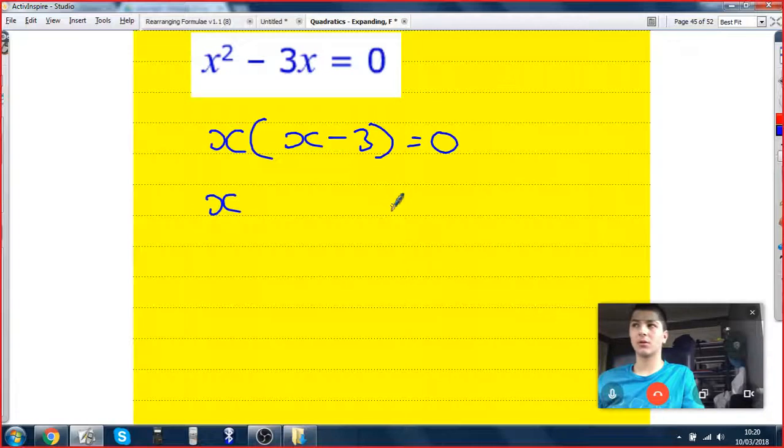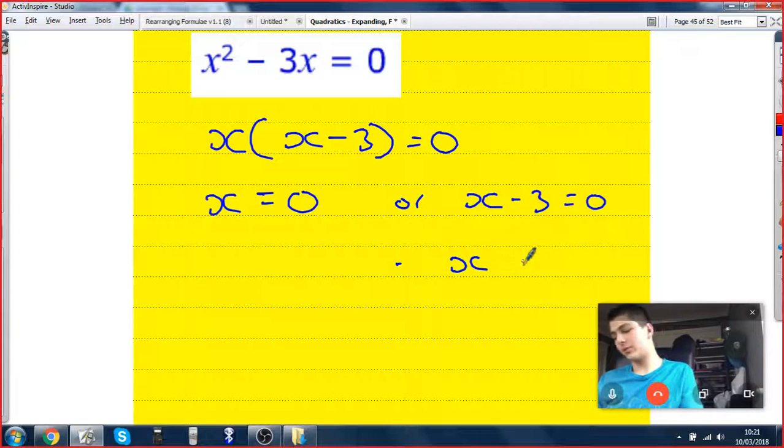Mm-hmm. And then I think that on the left x is equal to 0. Yep. And then on the right we have x minus 3 equals to 0, and then we take the minus 3 to the other side, and then it's x equals to 3.